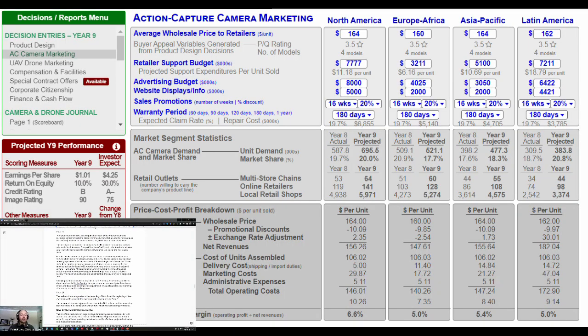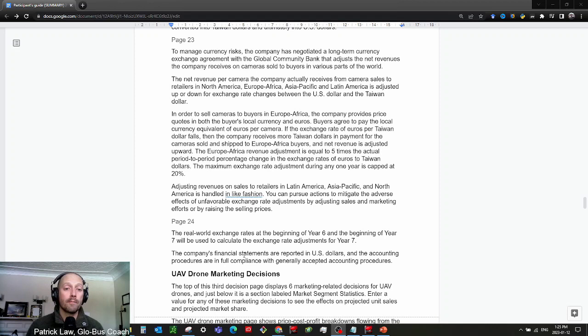To manage currency risks, the company has negotiated a long-term currency exchange agreement with the Global Community Bank that adjusts the net revenues the company receives on cameras sold to buyers in various parts of the world. The net revenue per camera the company actually receives from camera sales to retailers in North America, Europe, Africa, Asia Pacific, and Latin America is adjusted up or down for exchange rate changes between the US dollar and the Taiwan dollar.